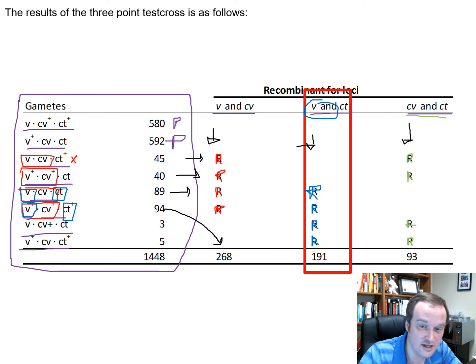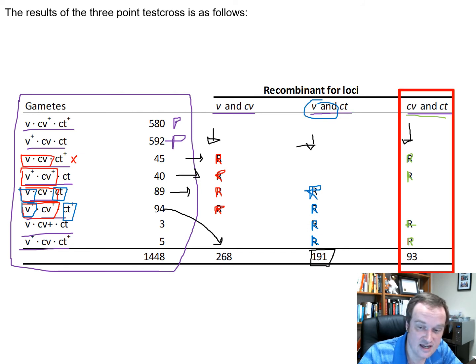Next, we'll do the same thing and add the recombinant numbers from the rows with the R. So 89, 94, 3, and 5. And that gives us 191. And then lastly, we're going to add up our recombinants from our CVCT row. So we have 45, 40, 3, and 5. And that gives us 93.